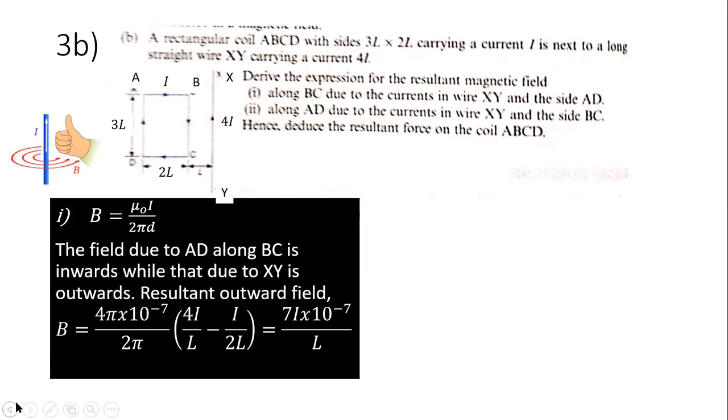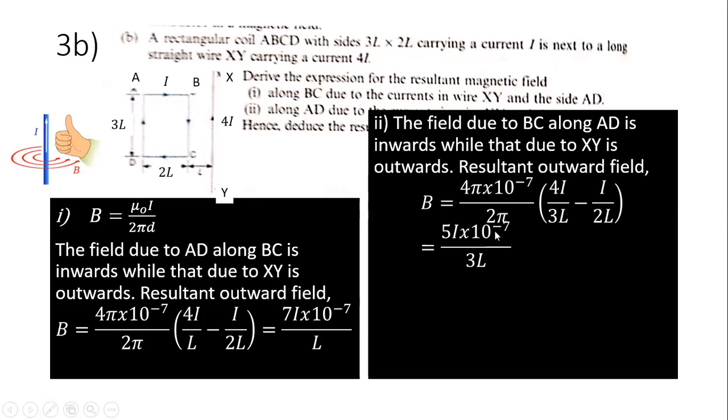Okay, the next part. Along AD, due to XY and due to BC. Just now we were looking at BC. Same thing, we just use the same formula between these two.